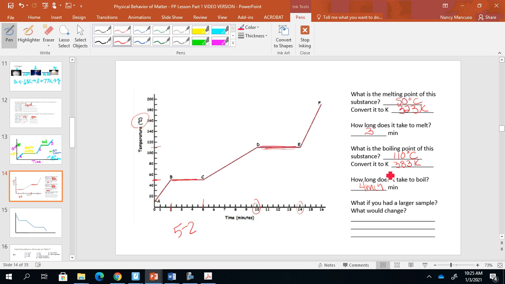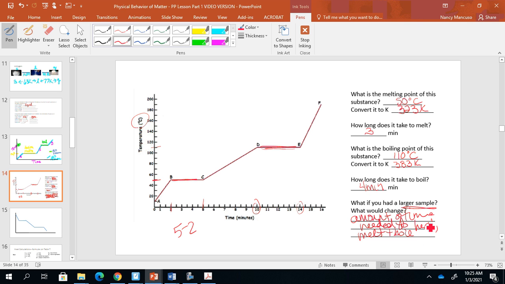All right, what if you had a larger sample? What would change? Okay, the boiling point would still be the exact same temperature and the melting would be the exact same temperature because those are published in your reference table. So those don't change with mass, but what would change is the amount of time needed to heat, melt, and boil.